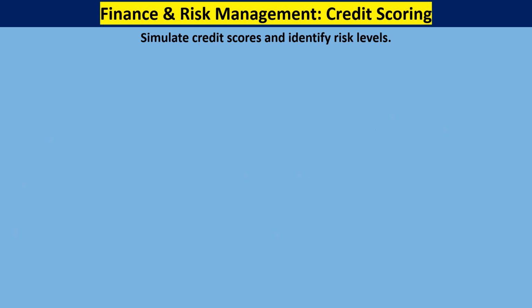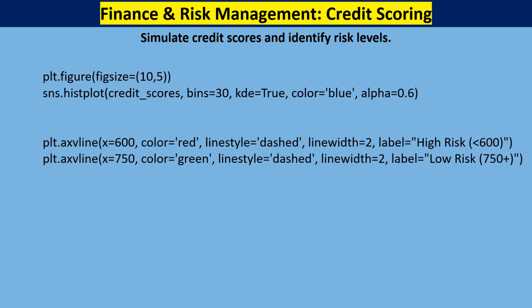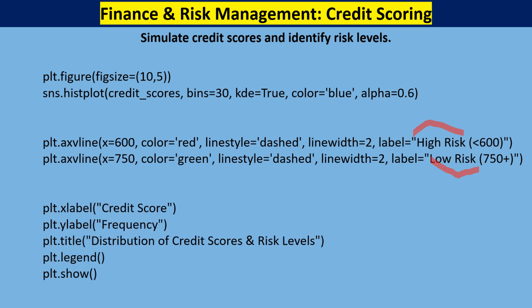And then we have a visualization of the credit score distribution with risk thresholds, the plot figure 10.5, and then it marks the high risk and low risk thresholds, and then we have labels and titles, credit scores, frequency, etc.